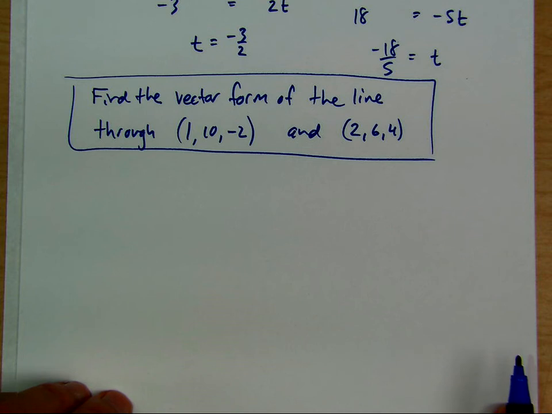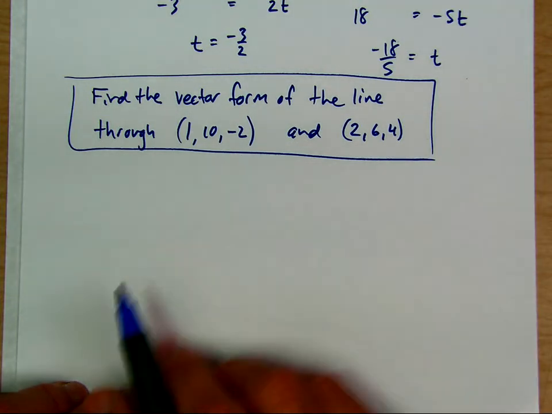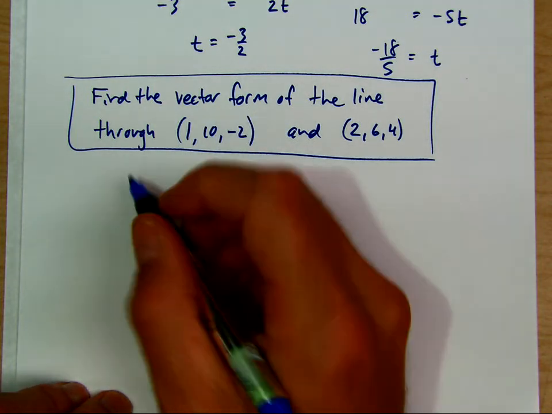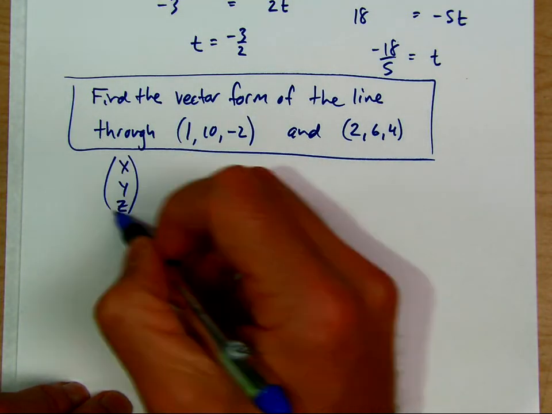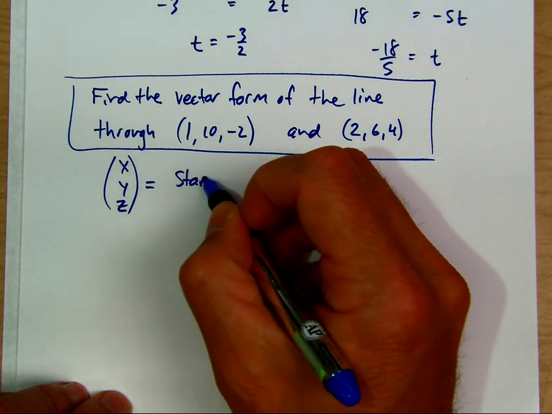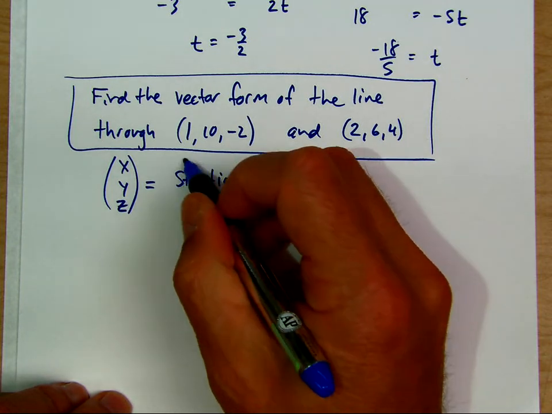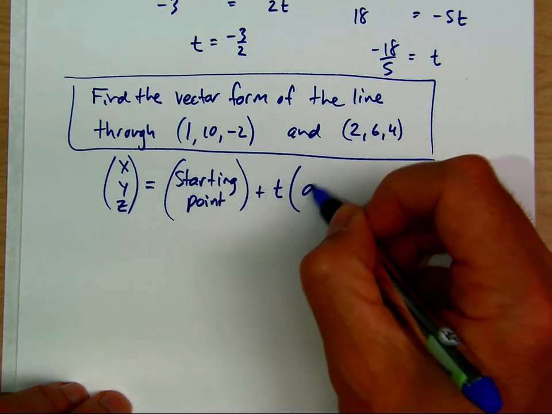And here we're just going to do mainly some review of some concepts, but now it's with 3 dimensions. And for the vector form of a line, we have to have the position vector equal to the position vector of the starting point plus the direction.